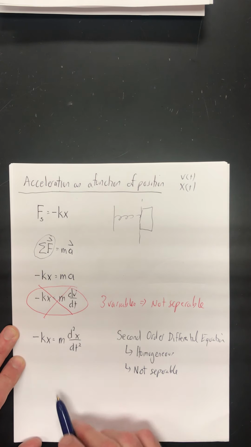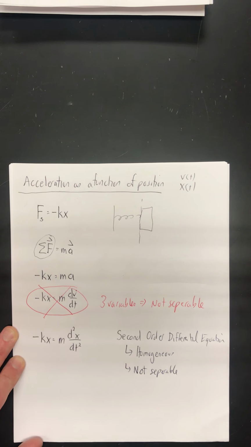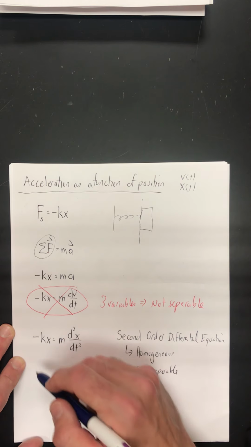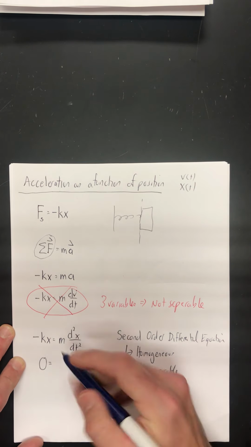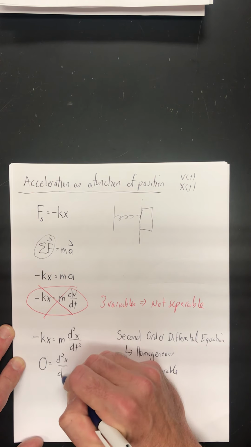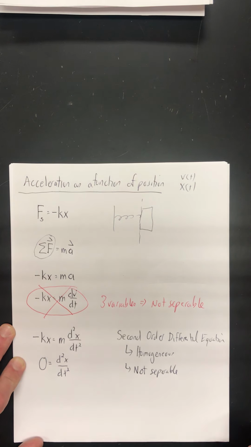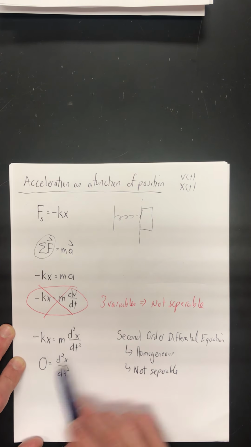What I do want to do is take a moment to put this in its proper order. If you end up taking the AP exam, they're going to ask you to write the differential equation that can be used to solve. And so when you have a differential equation, the proper format should be setting equal to 0. And then I'm going to order the terms in order of decreasing derivatives.